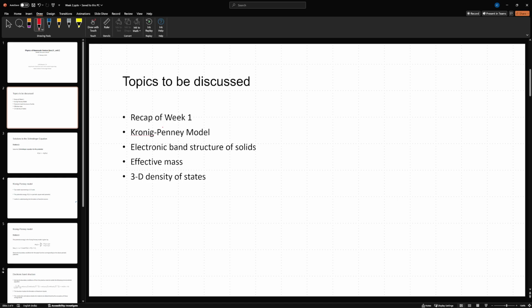And after that, we shall be talking about the Kronig-Penney model, which is where we left off last week's session. Through the Kronig-Penney model, we shall discuss the notion of electronic band structure of solids. Then we will come to the idea of effective mass, and approach the topic of the density of states.